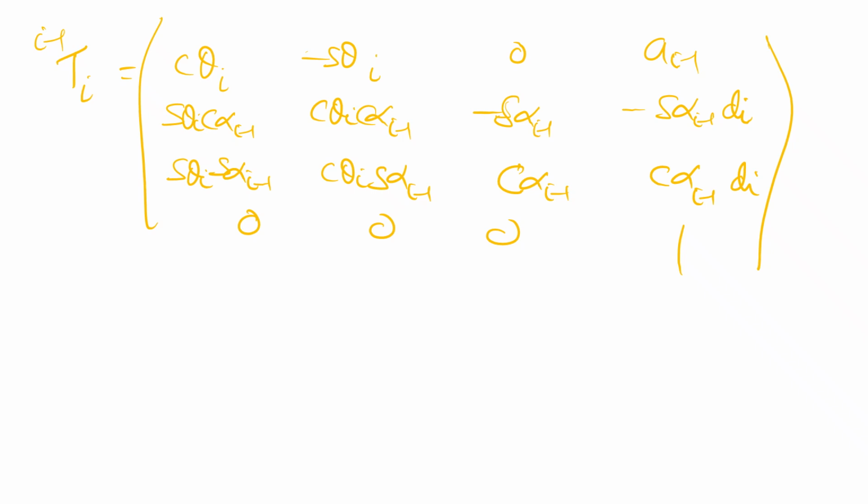For example, let me take one simple joint, a single joint. This joint rotates like this. Here is my z axis and this is my x axis. In order to write the DH matrix, we need the first frame and the second frame, but here we have only one frame.